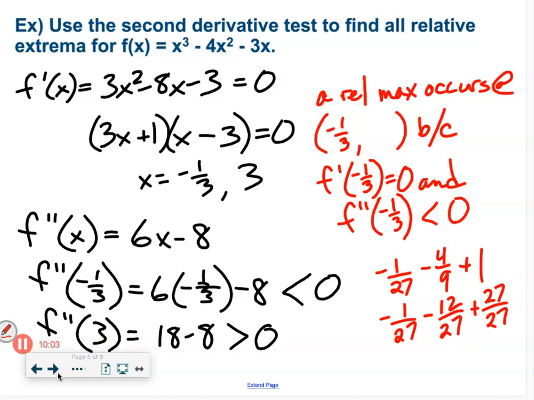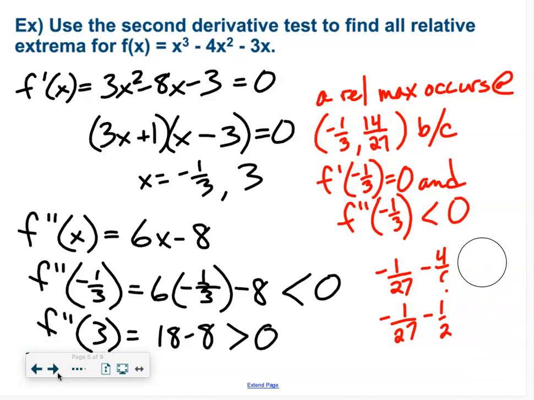So I get 14/27ths. Did I do my math right? Yeah. Okay. 14. That is not what I got first period, which means I did my math wrong first period and nobody got me. Anyway, I'm pretty sure I put a negative here first period. Anyway.